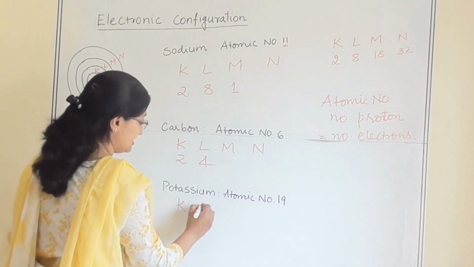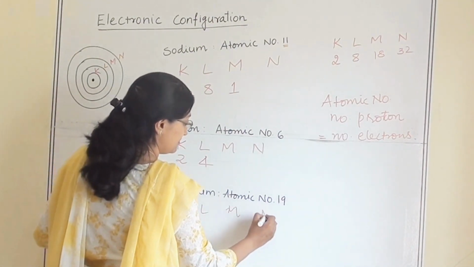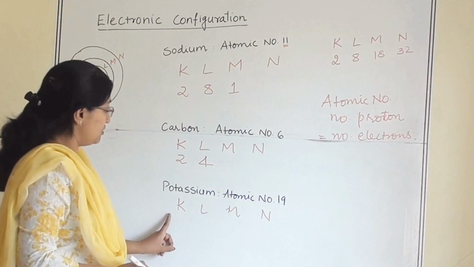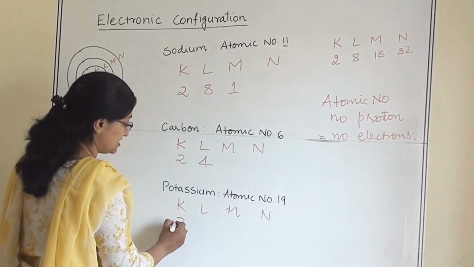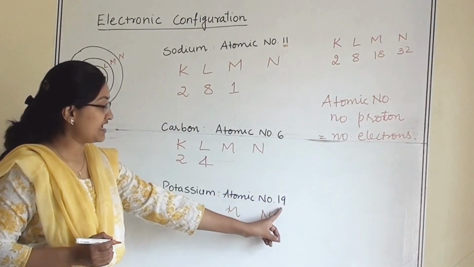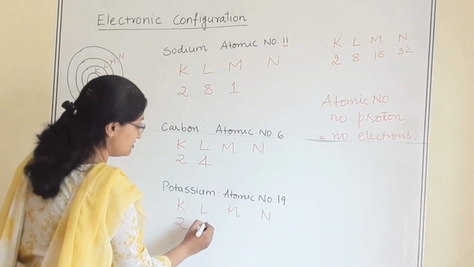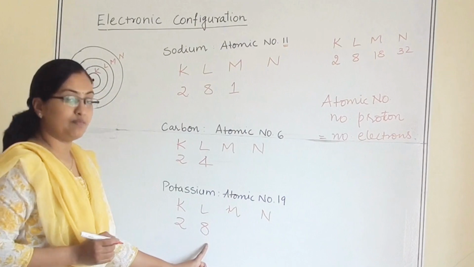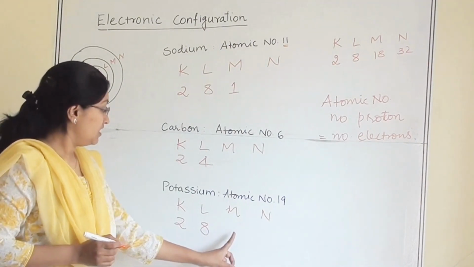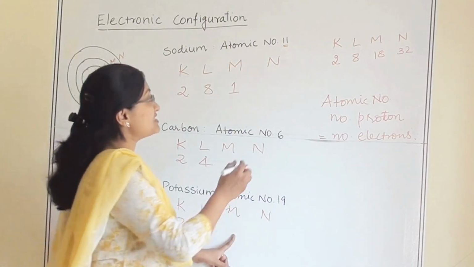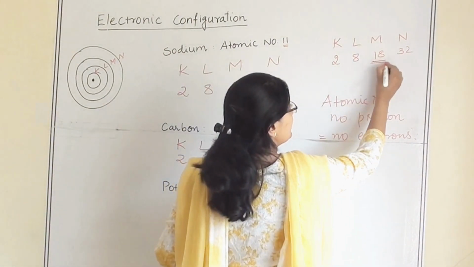Now let us take an example of potassium. We'll write K, L, M and N. So first we are going to write here 2. Then it is 19. So how many electrons are left? 17. So here according to the capacity I am writing here 8. Now what is M's capacity? It is 18.